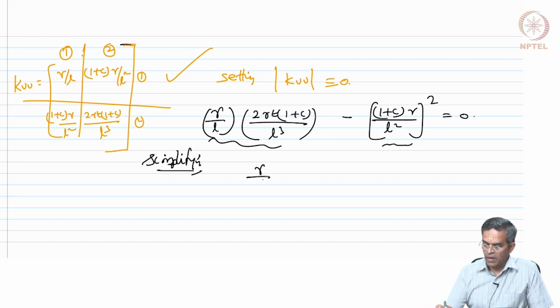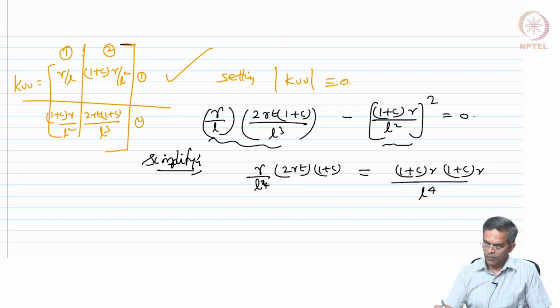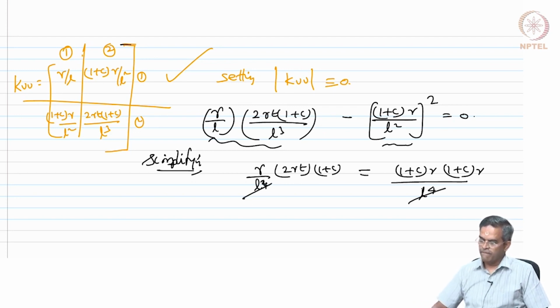So, if I say R by L square of 2RT 1 plus C is equal to 1 plus C into R, 1 plus C into R by L4, L4 goes away, 1 plus C goes away, R goes away, and one more R goes away.